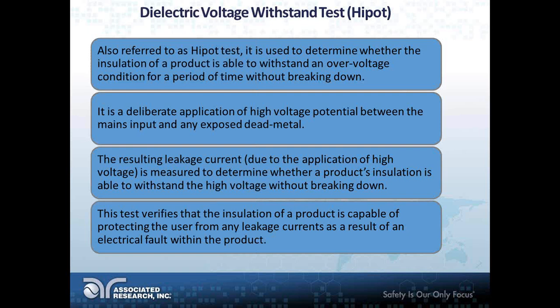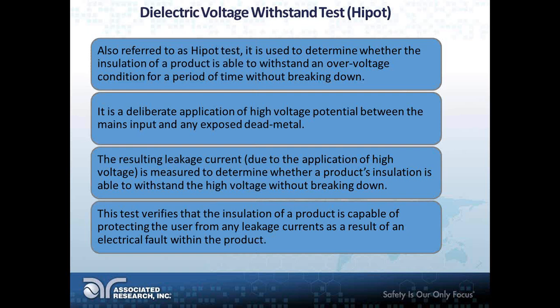The way the Hipot test is performed is with high voltage. Usually the high voltage is determined, again, by the standard you're trying to comply with, but a rule of thumb for determining Hipot voltage is twice the voltage rating of your product plus 1,000 volts. So for something that's run in the US at 120 volts, it comes out to be 1,240 volts, or 1.24 kilovolts.